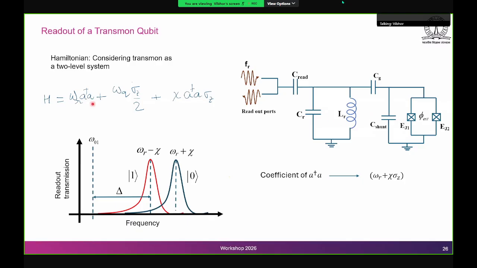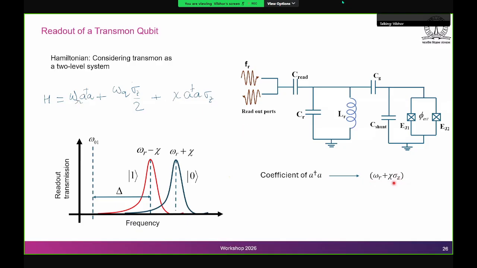And you will realize that if we treat the transmon as a two-level system, we have a readout resonator represented by this A dagger A type term, and then a two-level system, but the interaction becomes diagonal. So we have A dagger A and sigma Z. So if we ask what is the coefficient of this term A dagger A, it is omega R from here, and then chi times sigma Z. Okay.